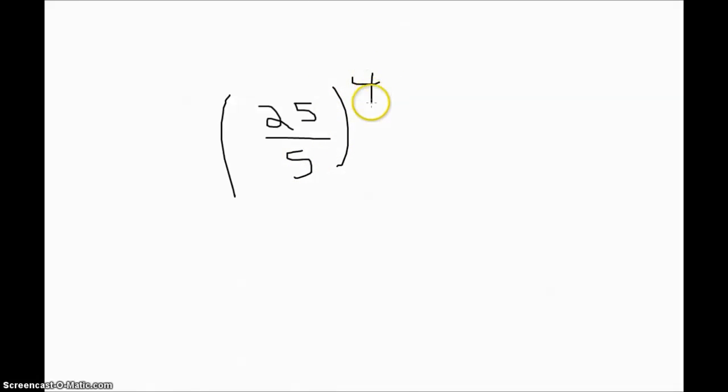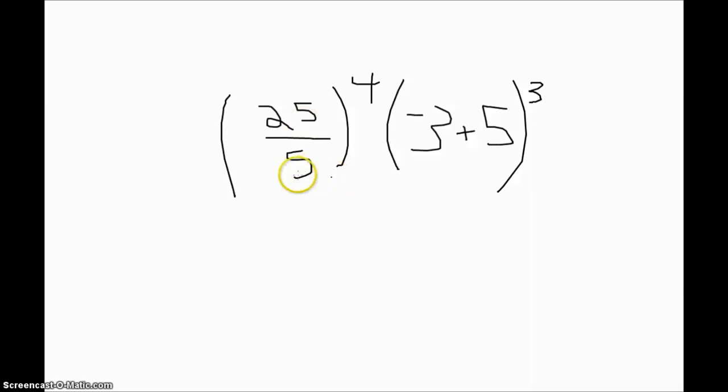So next problem we have 25 divided by 5, quantity of which is to the fourth power, and negative 3 plus 5 cubed. Okay, so again, we're going to want to do what's in the parentheses first. So 25 over 5 is just 5. Negative 3 plus 5 is positive 2.